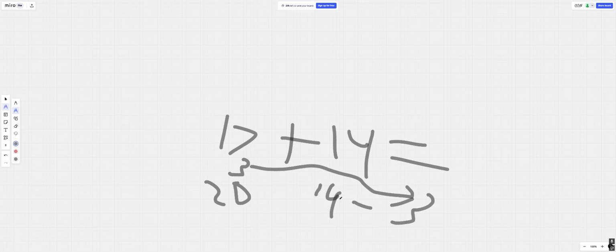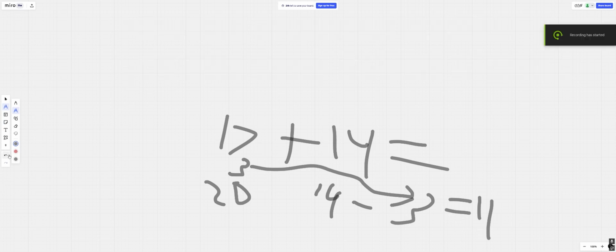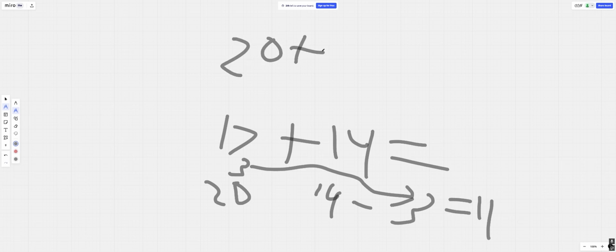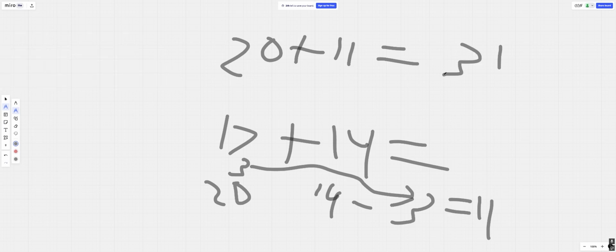So now it's 14 minus 3 equals 11. So now the equation, which looked hard, is now just 20 plus 11, which is just 0 plus 1, that's 1, 2 plus 1, that's 31.